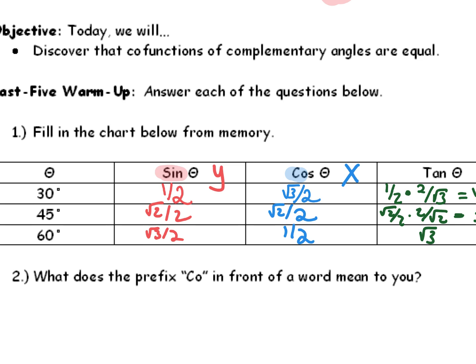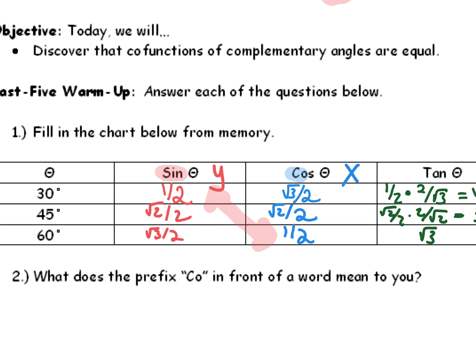What I first need you to take a look at between sine and cosine, particularly focusing on these 2 columns, is that there's some similar values matching up. So I'm going to go ahead and highlight those. If you could do the same, that'd be great. For instance, I can observe that the sine of 30 is the same as the cosine of 60.